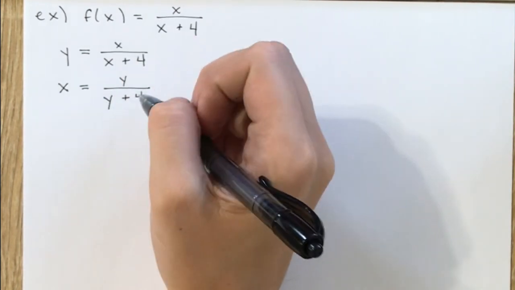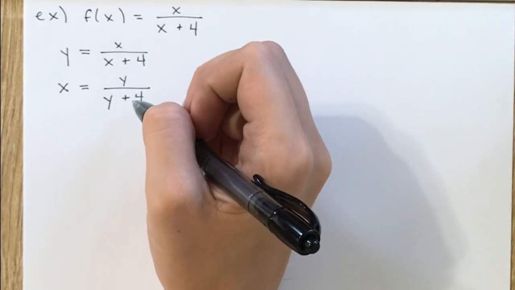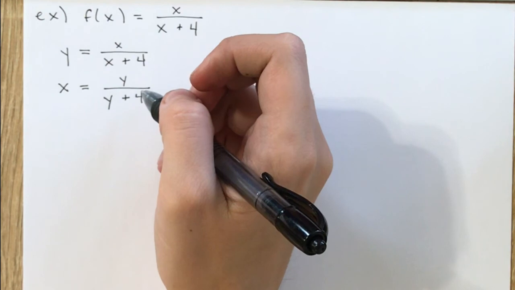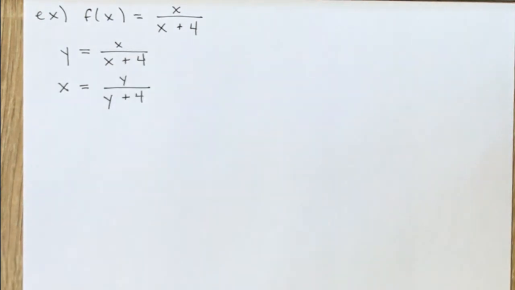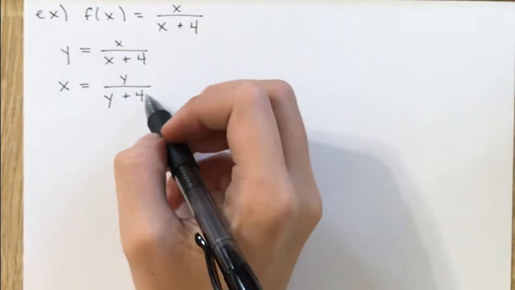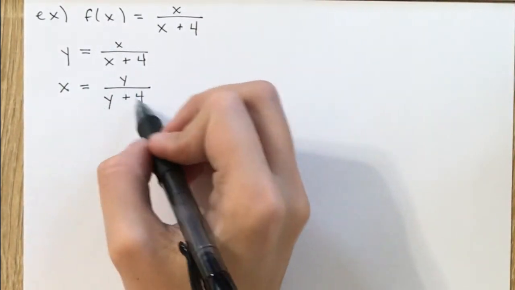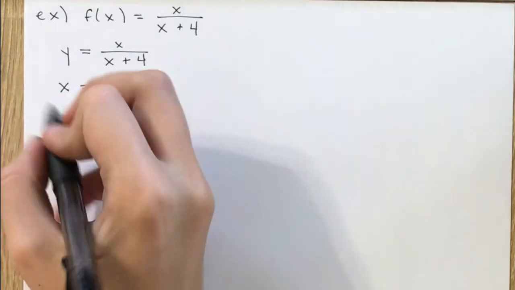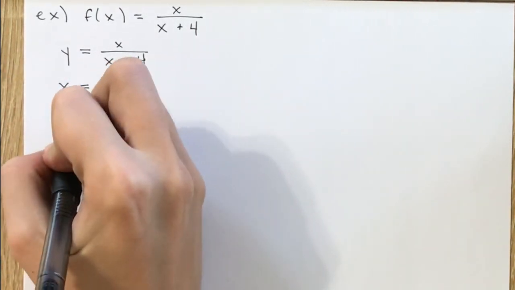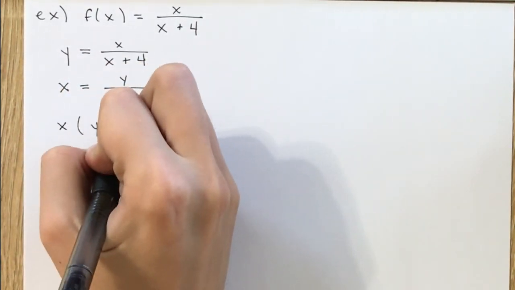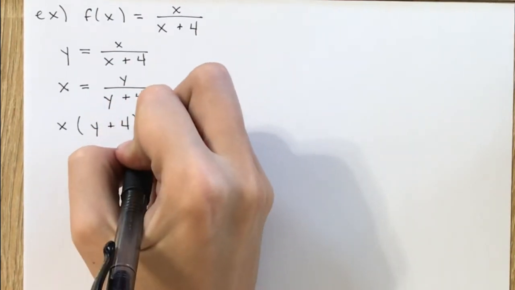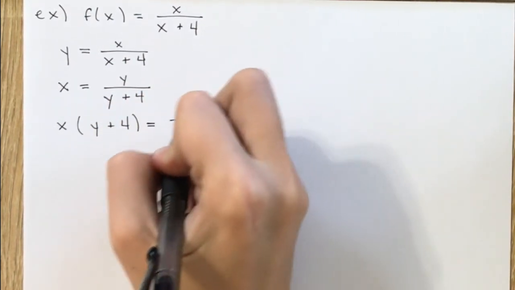First of all, our best hope of doing this is going to be to get y out of the denominator. So how can we do that? How do we normally get rid of a denominator? Well, we multiply both sides by whatever it is, right? So if I multiply both sides by the denominator, y plus 4, I have x times y plus 4 equals y over y plus 4.